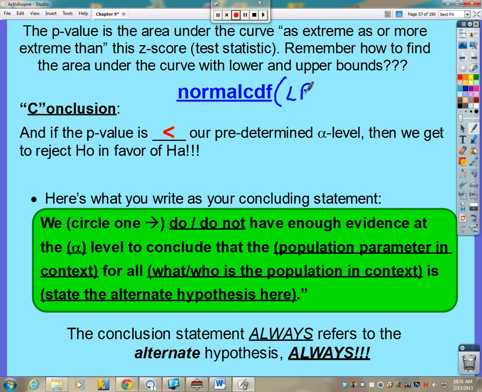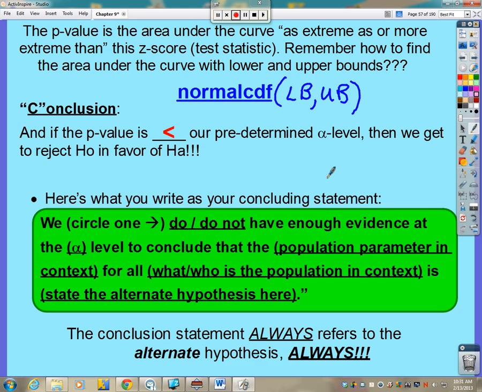But since we're always going to be dealing with a standard normal curve, all we really have to use is the lower and upper bound. The mean and standard deviation will be the defaulted 0 and 1. Now, if our p-value is less than our predetermined alpha value, then that's when we've got to say the hoe's got to go. We're going to reject the null in favor of the alternate.